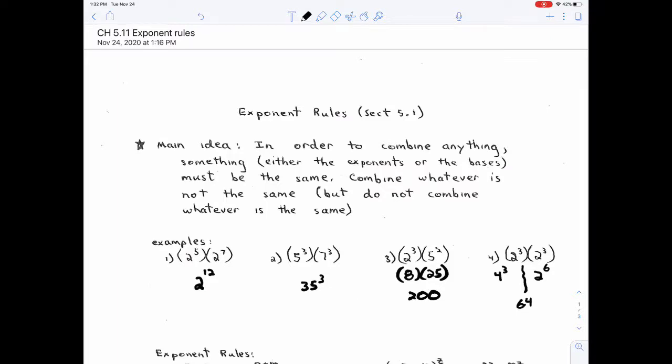Let's say you leave 3 to the fourth as 3 to the fourth instead of calling it 81. All right? I just look at your other problems. If you leave something 2 to the third instead of calling it 8, I'll take off for that, and I'll take off for the 3 to the fourth.